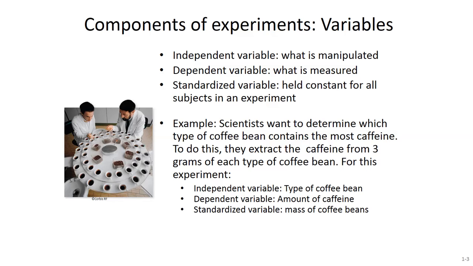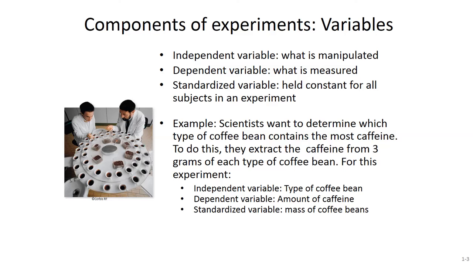So when we're setting up the experiment, this is probably the hardest part, because there's a lot of things you have to think about, since you want to keep everything constant except one thing. We're going to use this example of scientists who want to determine which type of coffee bean contains the most caffeine. Don't worry about how we extract caffeine from coffee beans.